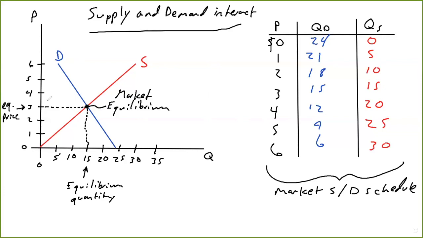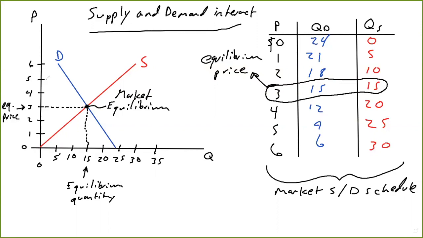In this case, the equilibrium price is 3, which corresponds to a quantity supplied of 15. And we can see in our supply and demand schedule, when the quantity demanded equals the quantity supplied, that gives us our equilibrium price.